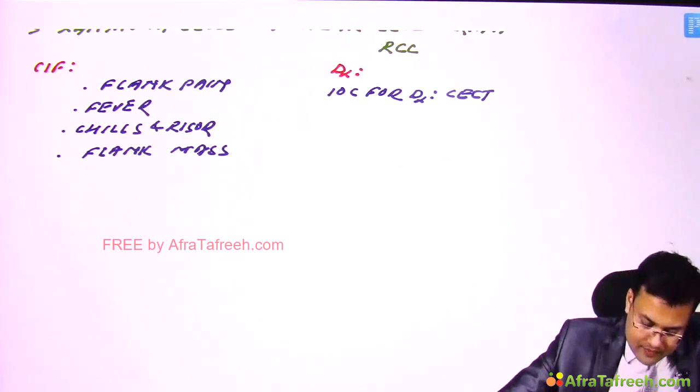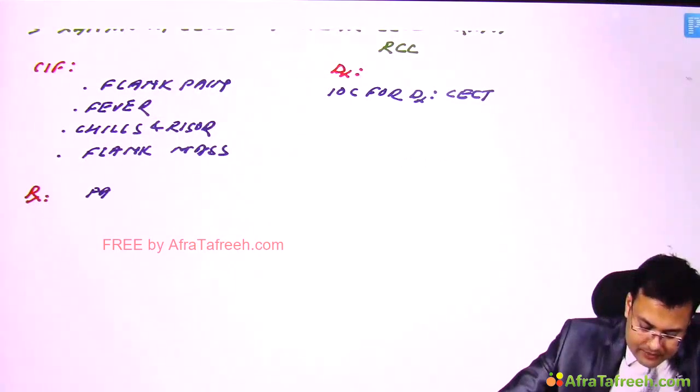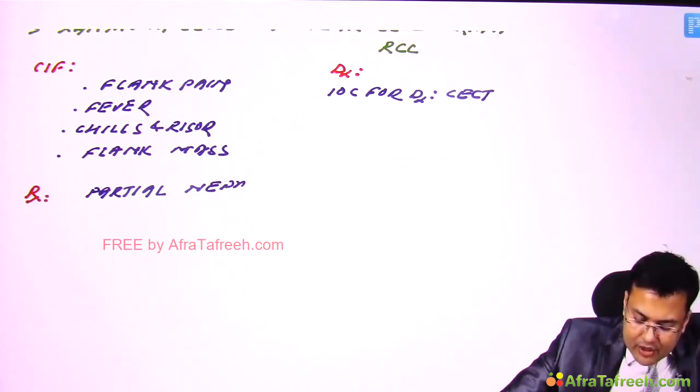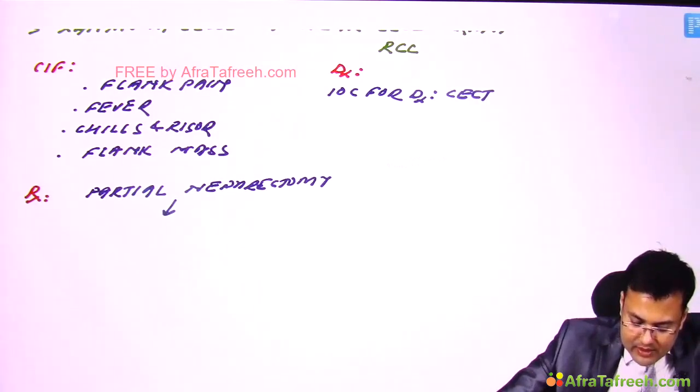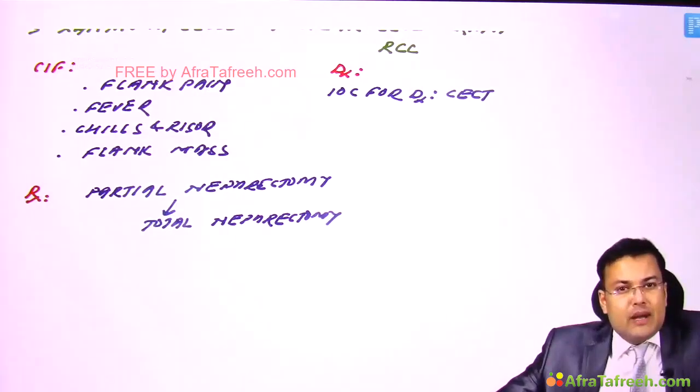So treatment, initially partial nephrectomy, and if this partial nephrectomy is not possible, then we can go for total nephrectomy, means we have to remove the whole kidney. So this is how we are going to manage xanthogranulomatous pyelonephritis.